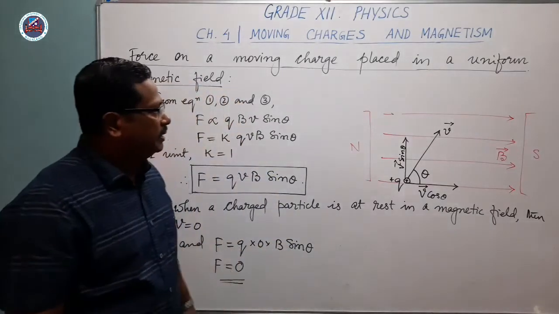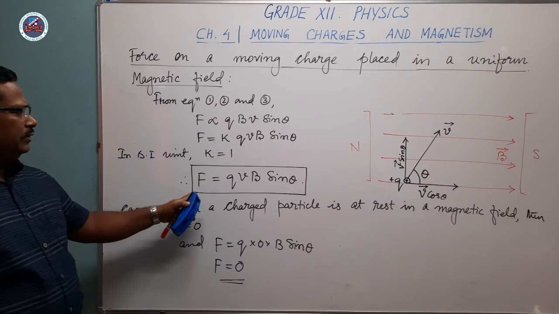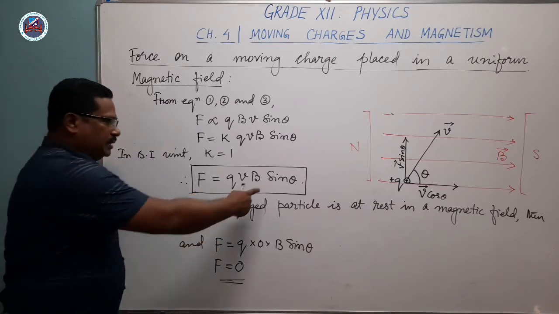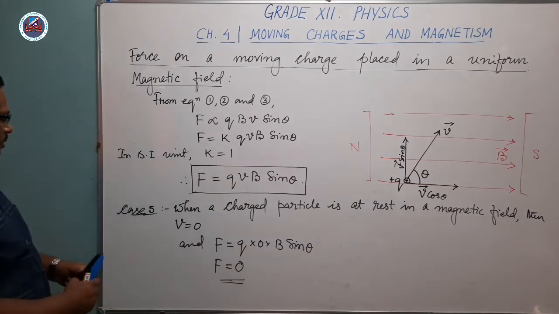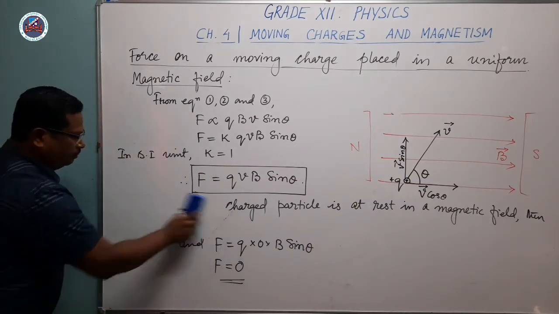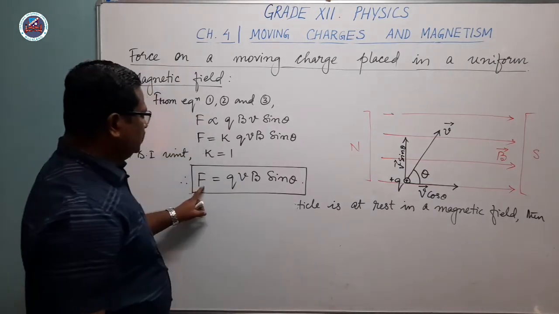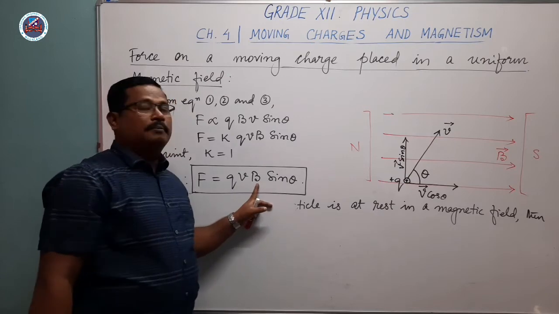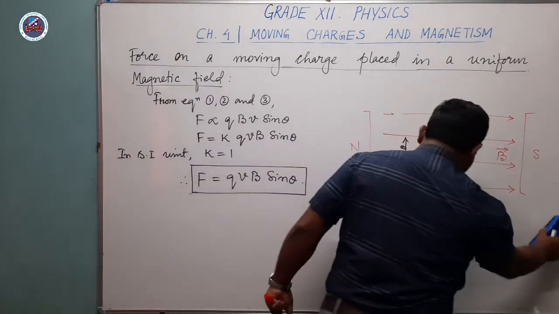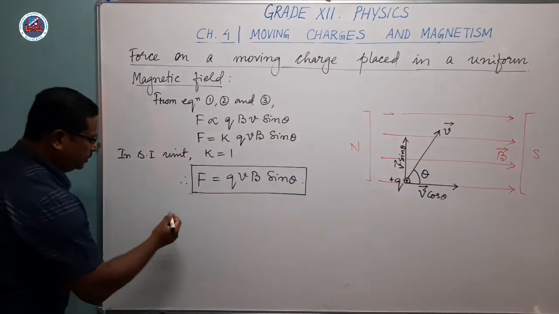Now the next topic that we'll study is, now it is clear to you, not only that, you have to know that you can write this in vector form as well, because sin theta is along with it. That will be your case number 6, we'll say it as in vector form. How we can represent. These are vector quantities. Force is a vector, velocity is a vector, magnetic field is a vector. In vector form, how can we represent this force?